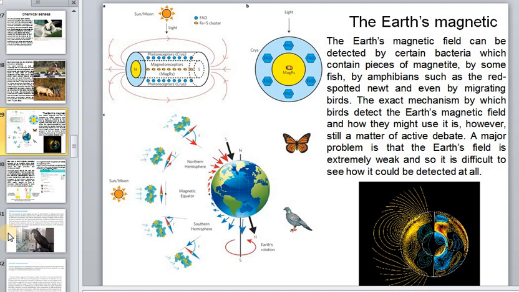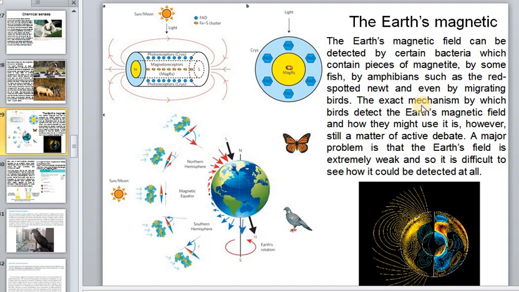And it is almost the same with the Earth's magnetic field. The Earth's magnetic field can be detected by certain bacteria, which contain pieces of magnetite, by some fish, by amphibians such as the red-spotted newt, and even by migrating birds.